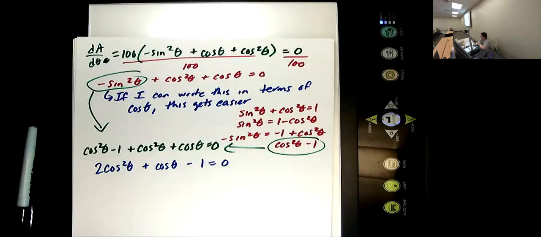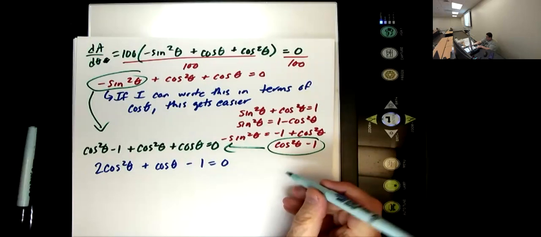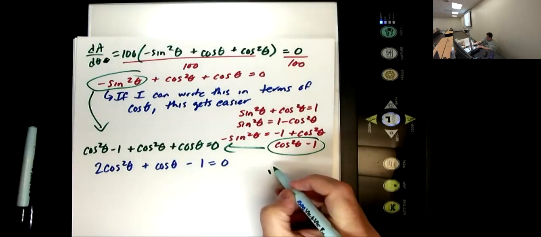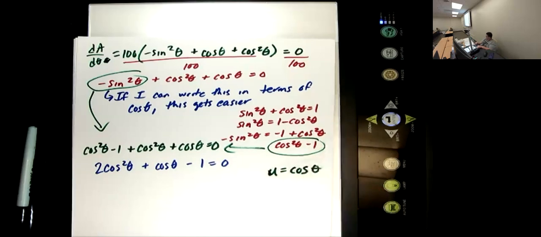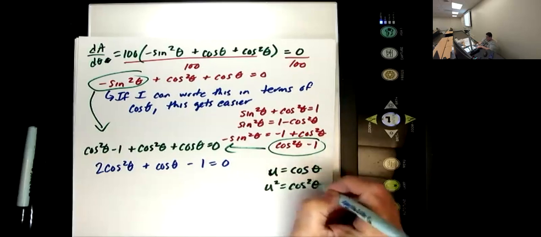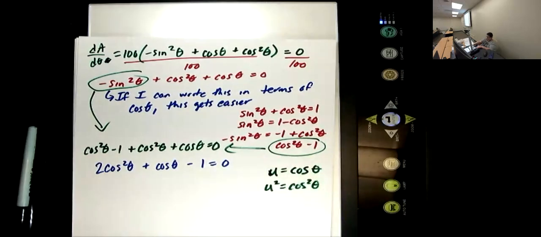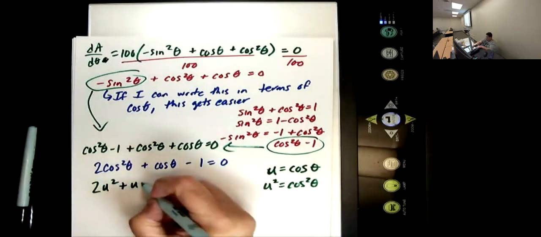What form does this look like? It looks like a quadratic formula, right? Let's make it a quadratic. How can I make this a quadratic? Substitute x for cosine. I'm going to use u because I had x in the problem. Excellent. So we've got 2u squared plus u minus 1 equals 0.